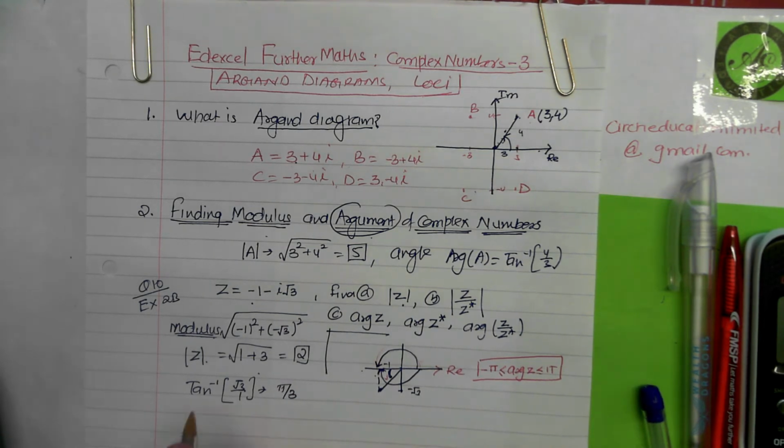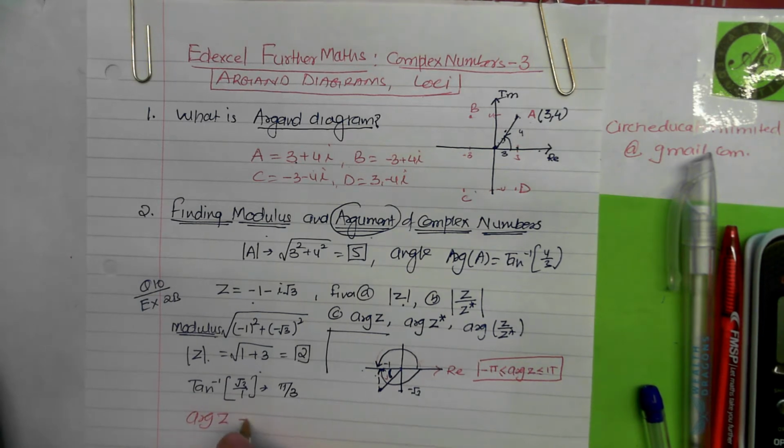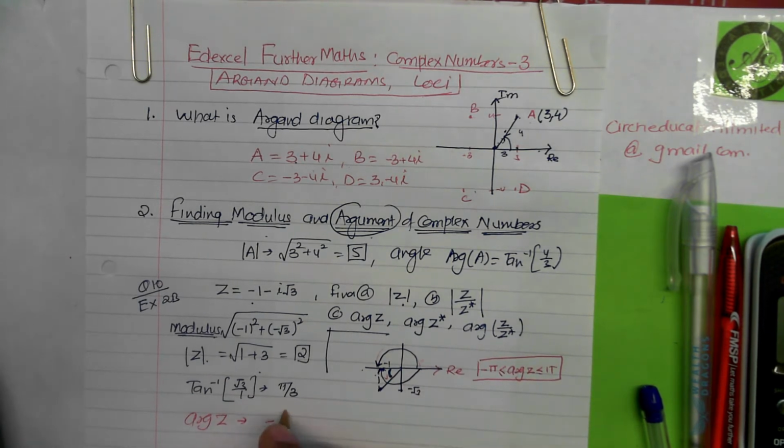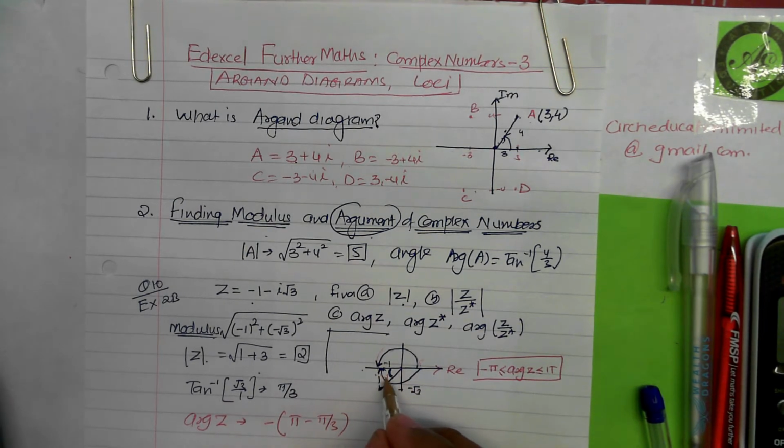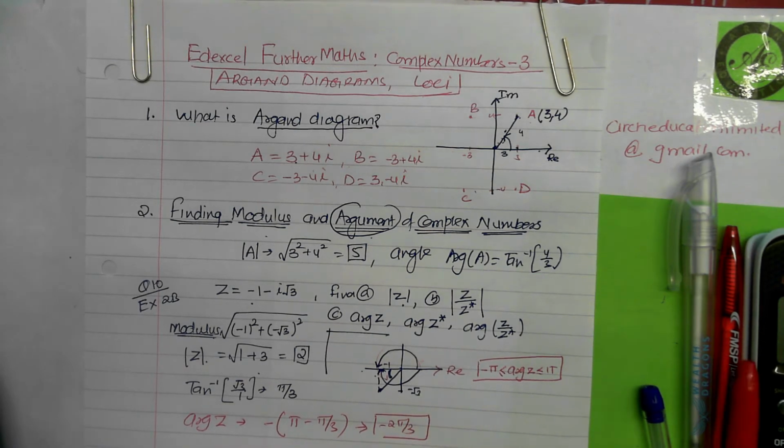Right, so the argument of z will be negative of pi take away pi by 3. Can you see? It's not a full pi, it's pi by 3 less than that. That gives me 2 pi over 3, and this is minus 2 pi over 3. This is the argument of z.